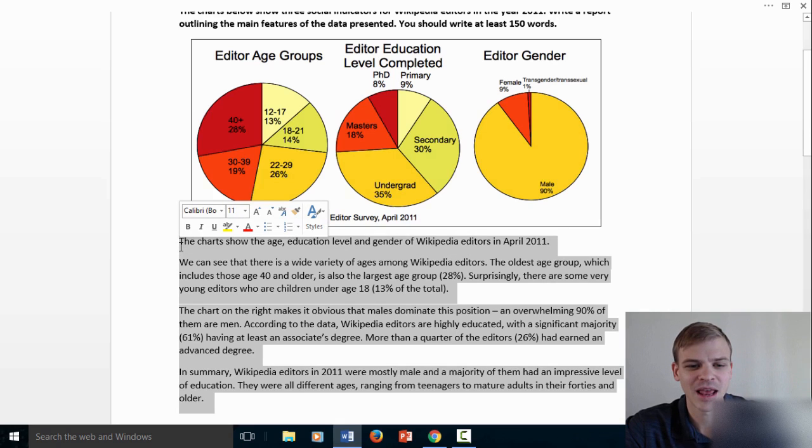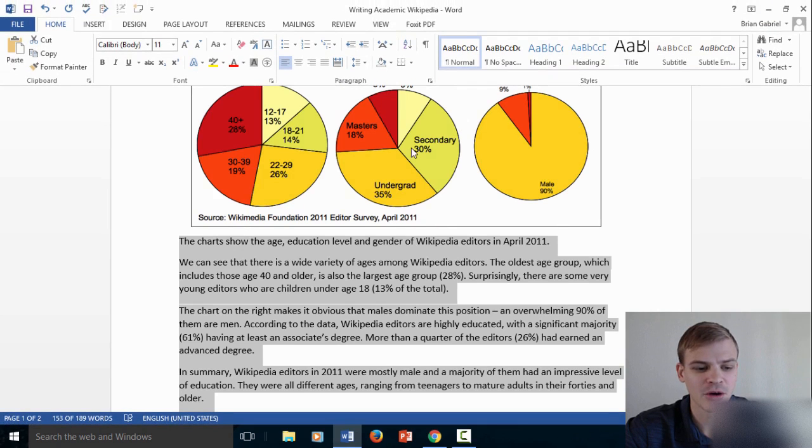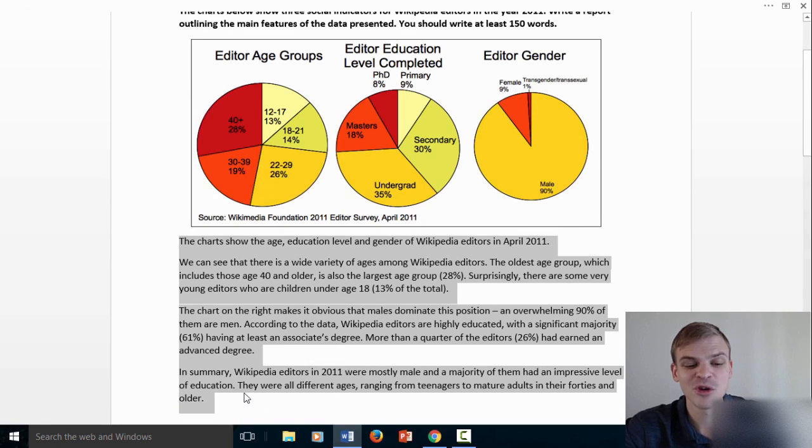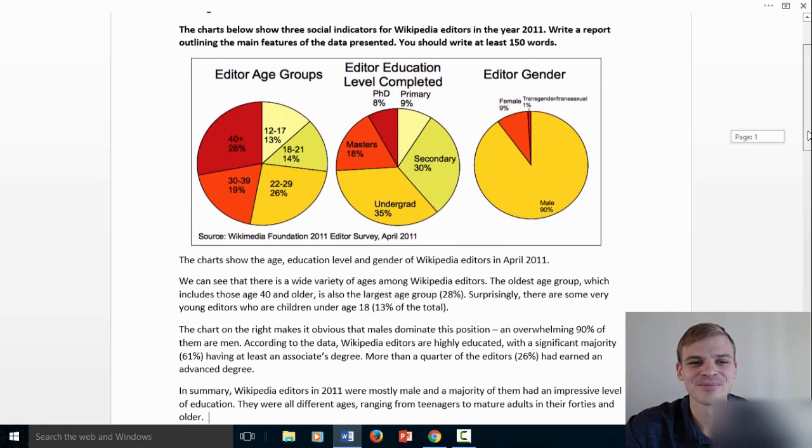Let me look at this here, and I'm going to pull down my ribbons to find out our word count. Oh, look at that. I just made it. Look at the bottom, 153 words. Look at that. So that's actually enough, as short as it is. You could write a little bit more than that too, but I made 150 words on writing task 1, academic.